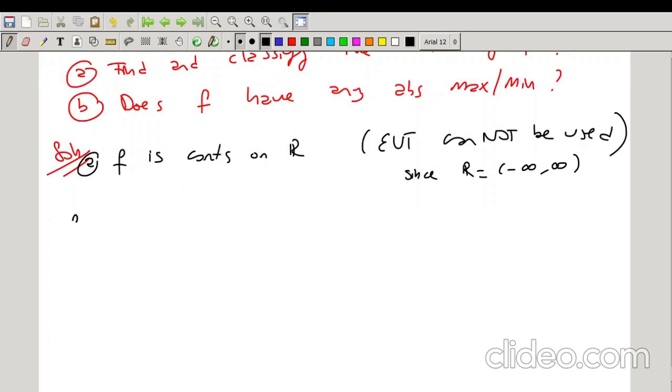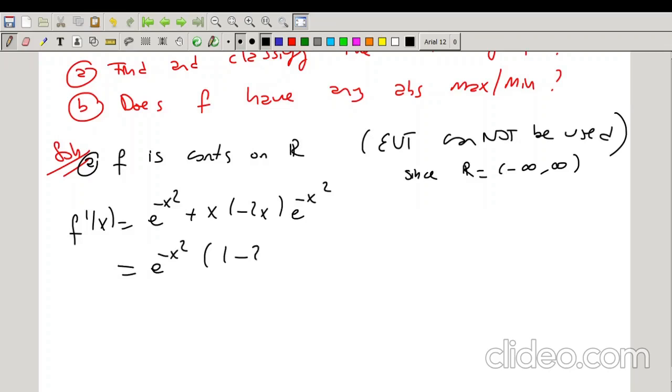And what do we have? f prime of x is equal to e to the minus x squared plus x times minus 2x times e to the minus x squared. If you rewrite it with e to the minus x squared factored out, we have 1 minus 2x squared.